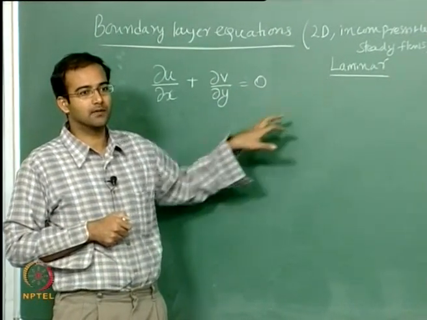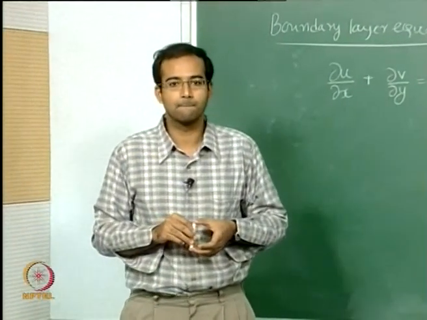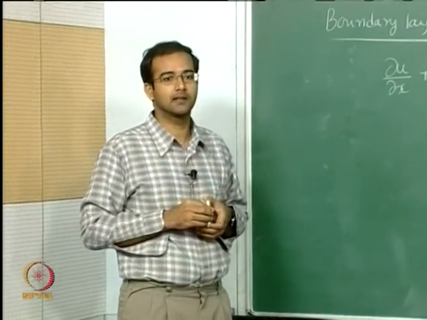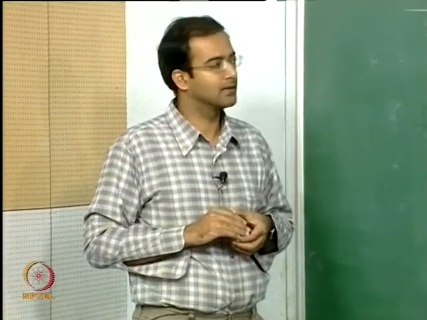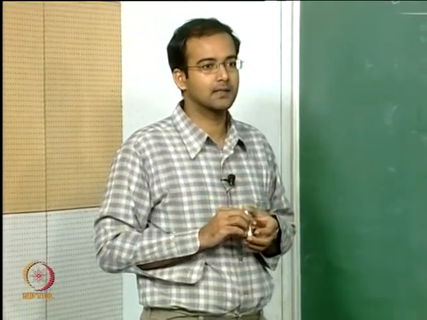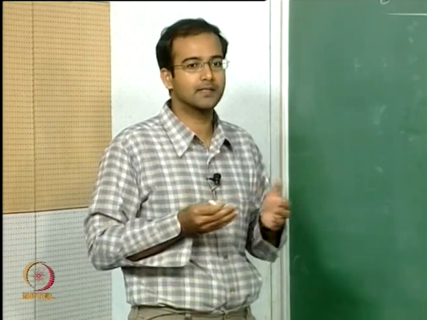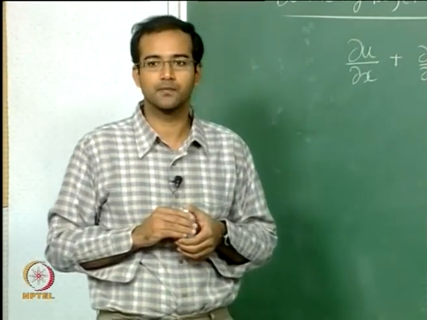When we solve this, the resulting solutions are all for laminar flow. For turbulent flow the characteristics become a little bit different, and therefore we have to solve the RANS equations, and most of the time you don't have analytical solutions. You have to solve them numerically, but a few extreme cases have analytical solutions which we can do.